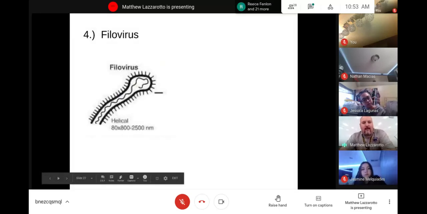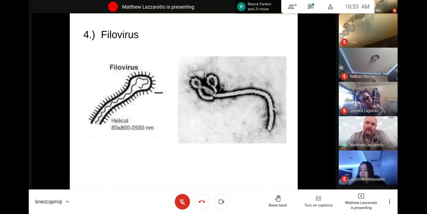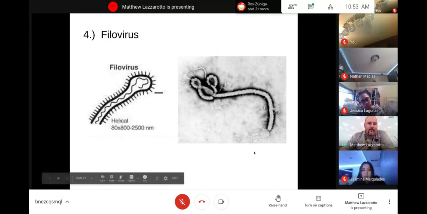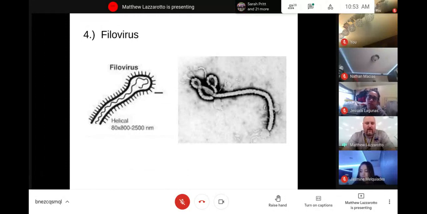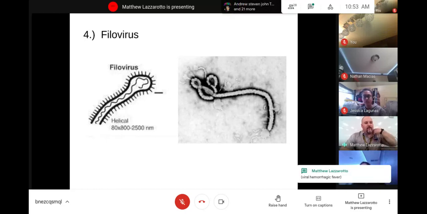And then filovirus is the last one. This looks kind of like a rope, sometimes with a knot at one end. A very well-known virus that is filoviral shaped is Ebola, which is also known as viral hemorrhagic fever.